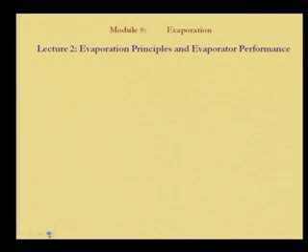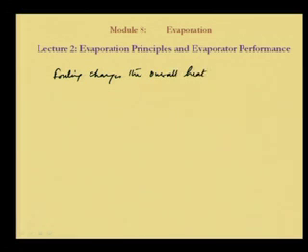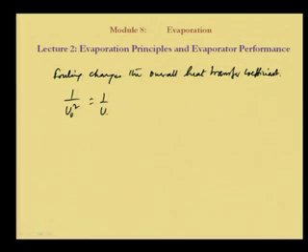One thing, as I said, is that fouling is important. Fouling changes the overall heat transfer coefficient, and there is a relationship: 1 by U naught squared is equal to 1 by U c squared plus beta into theta.